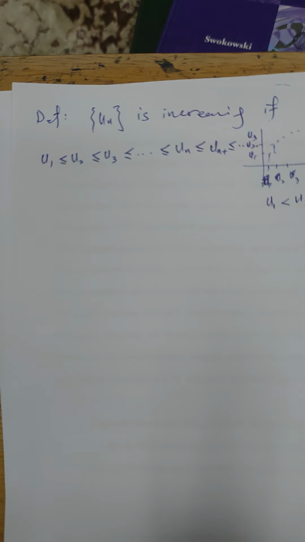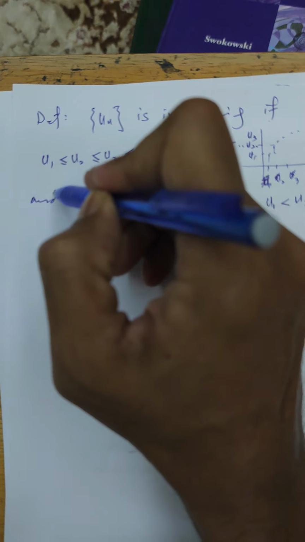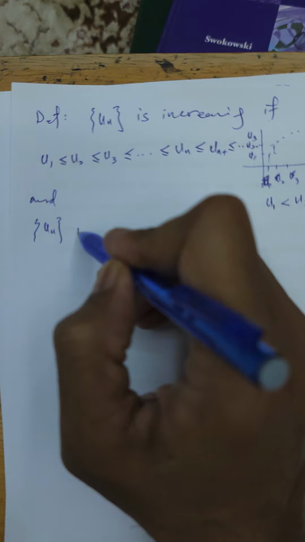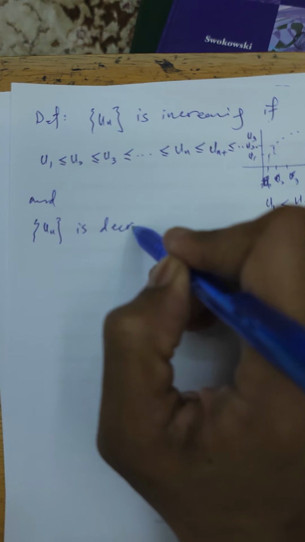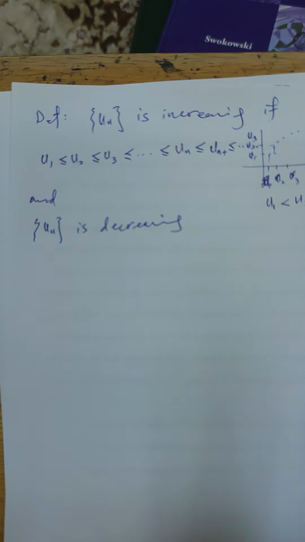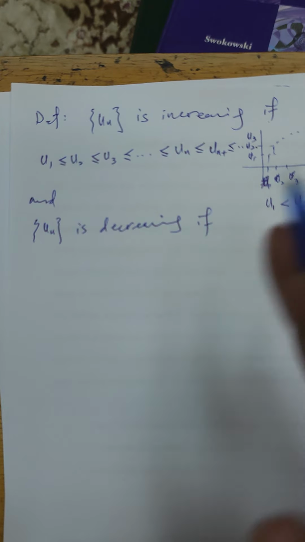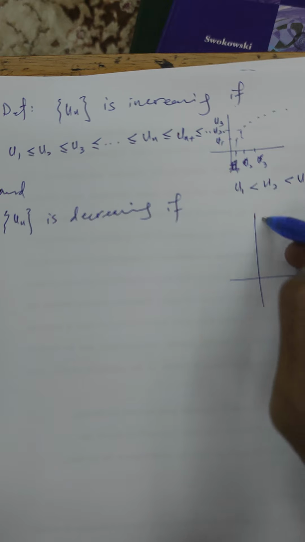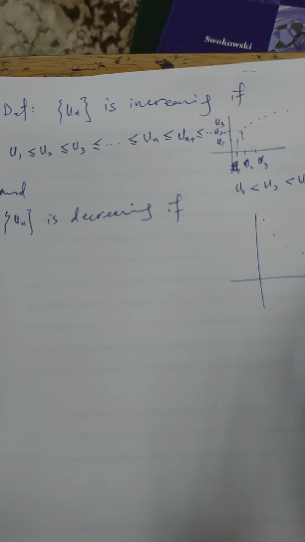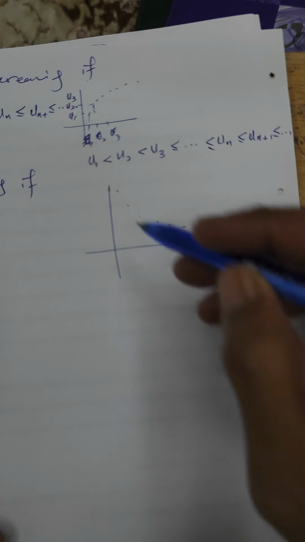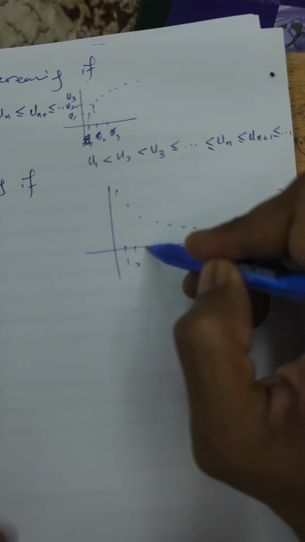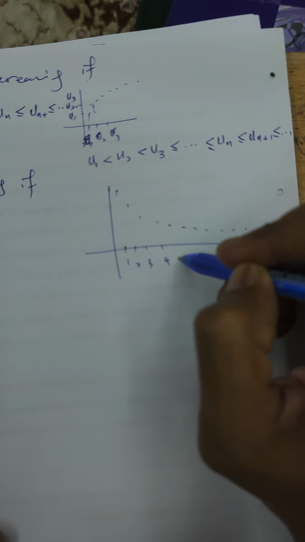And we say Un is decreasing if, so look at the decreasing sequence. If you have a decreasing sequence, this is our n: 1, 2, 3, 4, and so on.